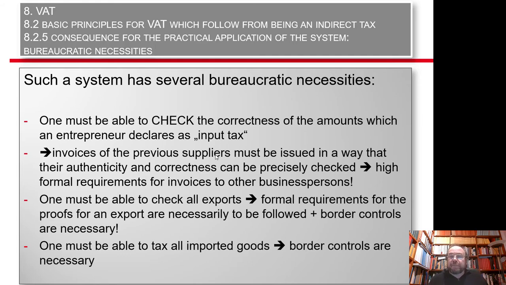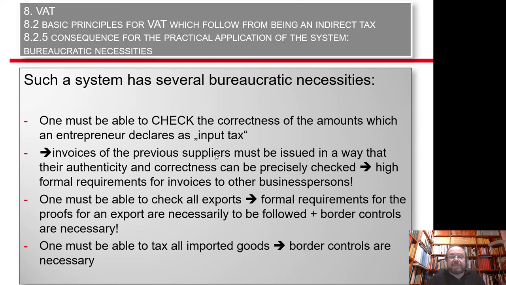Now we end up with some bureaucratic necessities. If every supplier can claim input tax refund, then you must be able to check if these purchases have really taken place and if the prices really contain VAT.